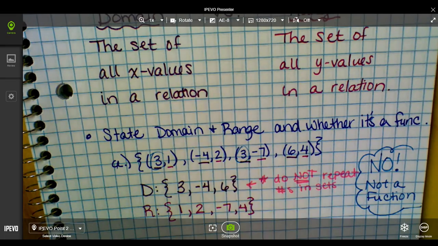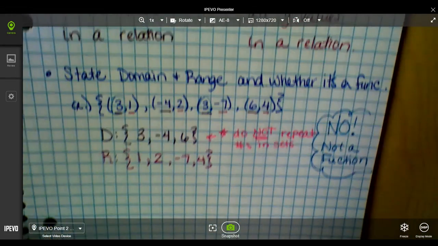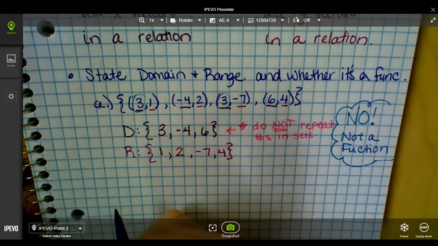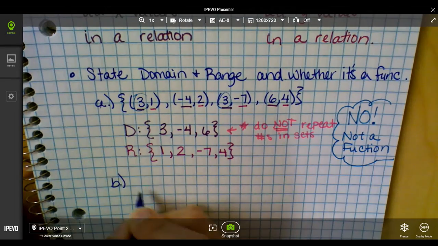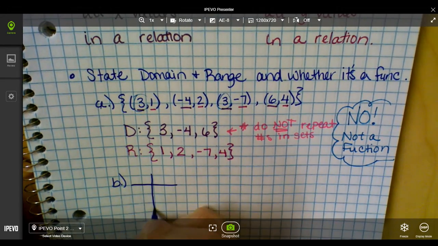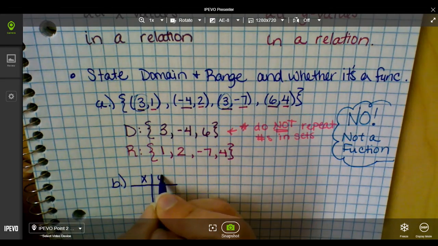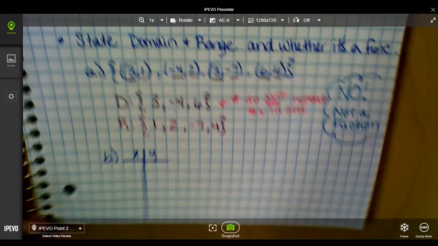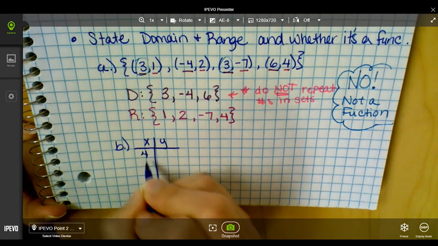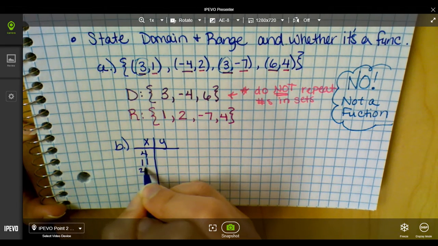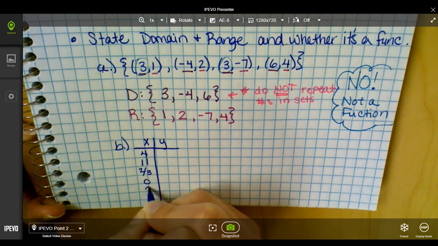Okay, just one more easy example. I'm going to give you a table this time, but it's still pretty much the same exact thing. So I have x and y. My x's are going to be 4, 11, 2/3, 0, and 2.